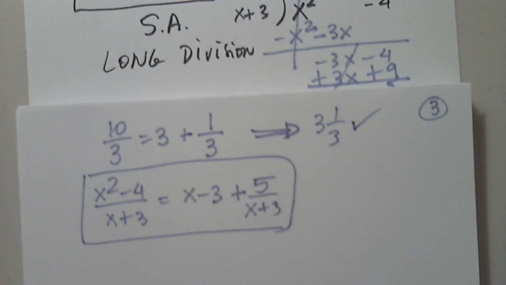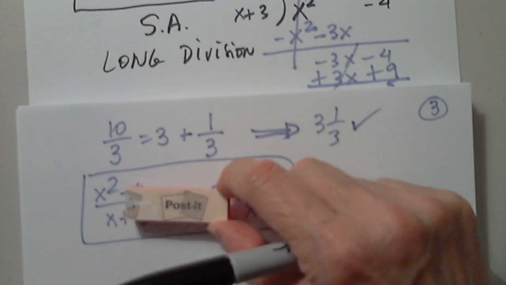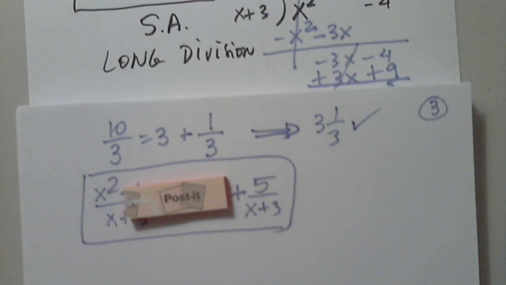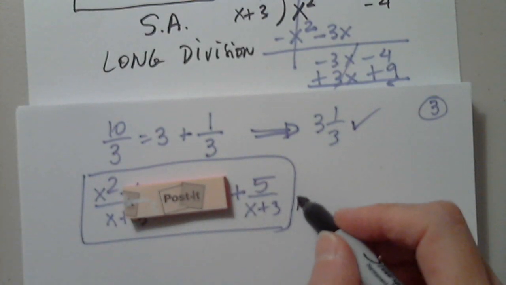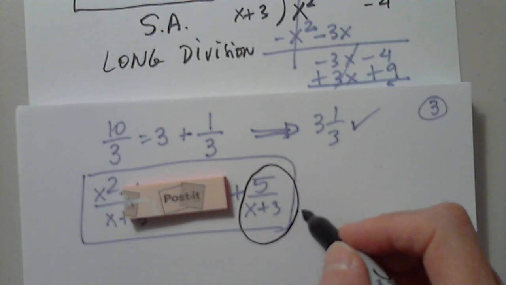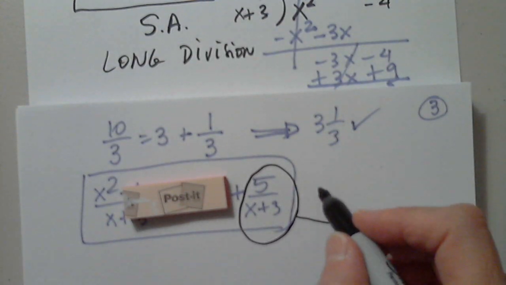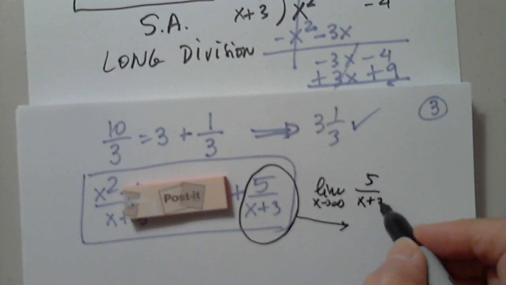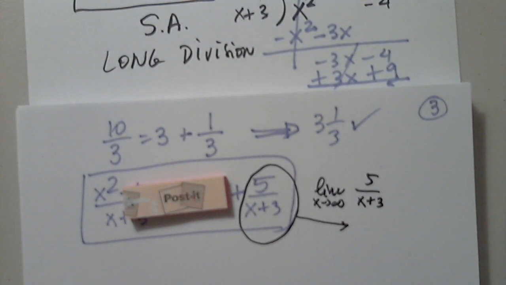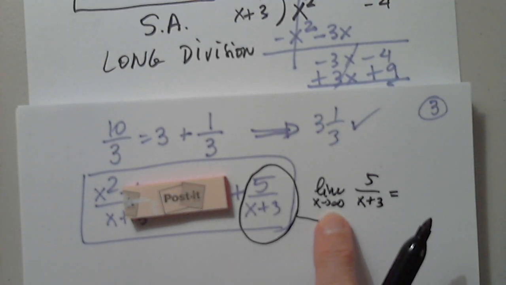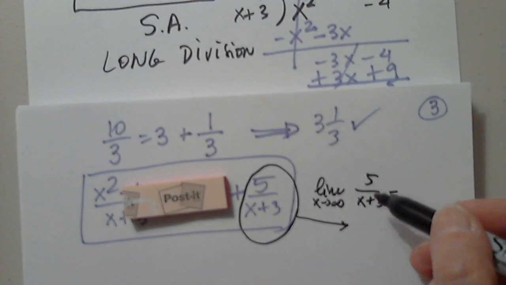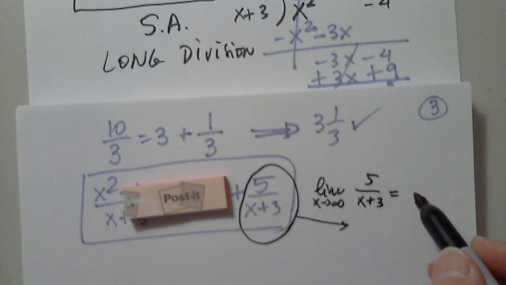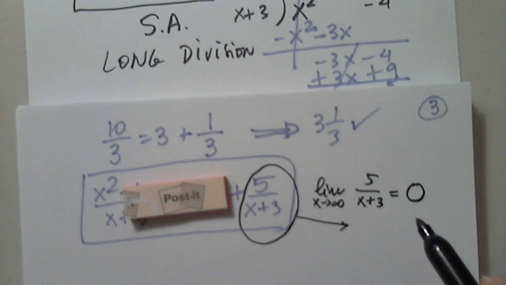It turns out, and you will tell me, when x approaches infinity or negative infinity, where is this going? For the limit as x approaches infinity of 5 over x plus 3, where is this going? When x approaches infinity, 5 over infinity will approach? 0. Exactly.